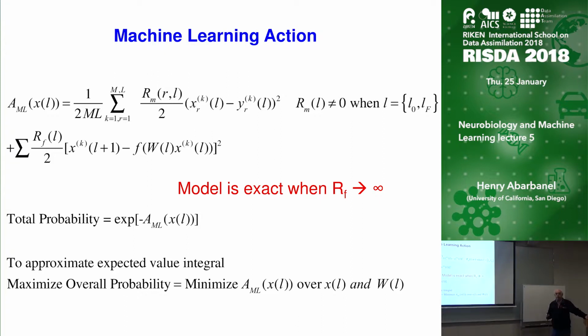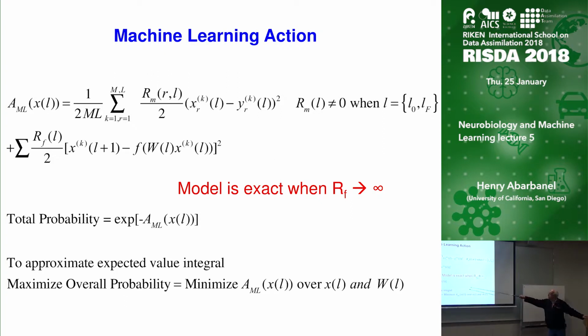If you interpret the layer label as time, this is exactly discrete time data assimilation, where information is entered at one layer and outputted at another layer.